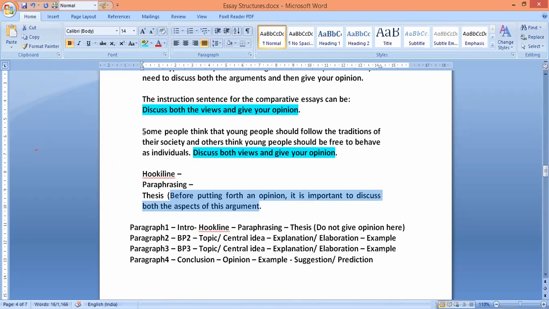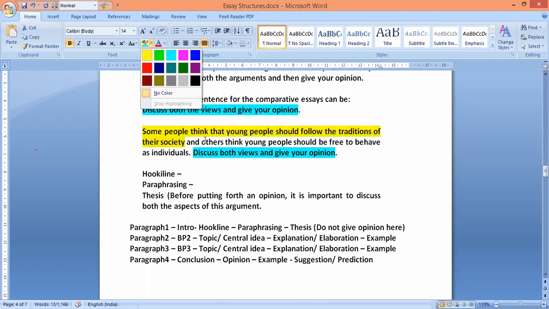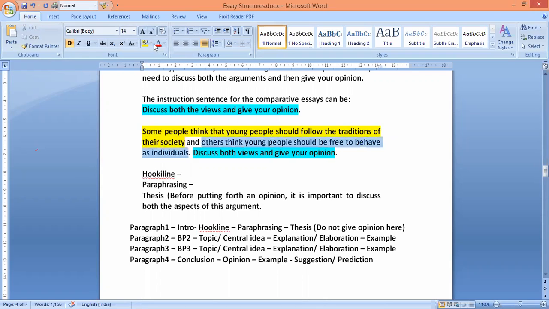One side is why young people should follow the tradition of the society, and the other is why young people should be free to behave as they want. First I'll discuss both aspects of this argument, and then I'll give my opinion.